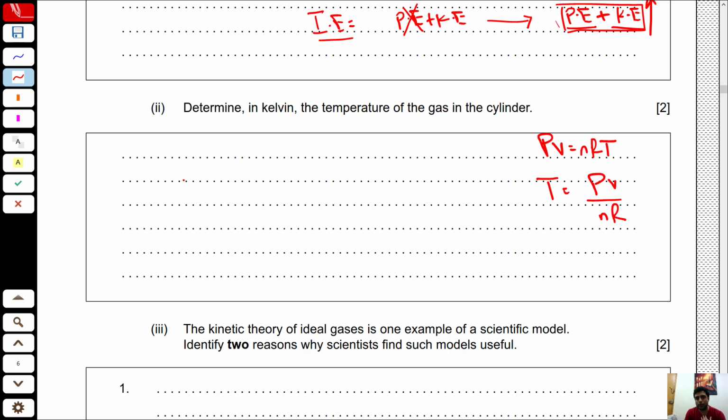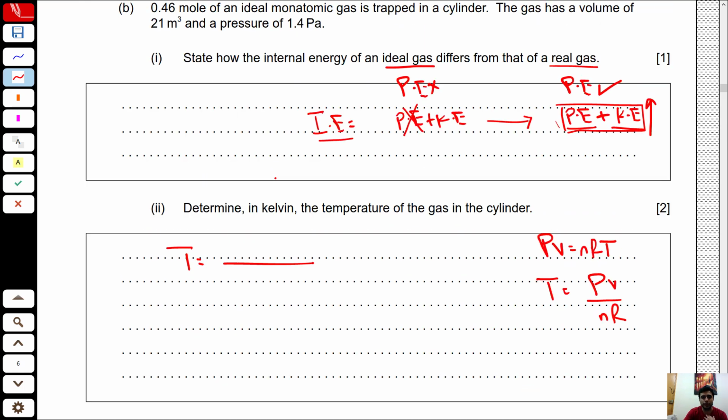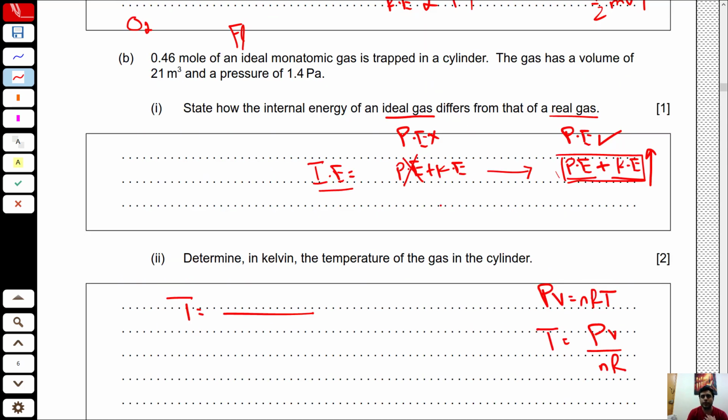Let's sub in all the values. So P is the pressure, so how much is the pressure? The pressure is 1.4 Pascal. V, so how much is the volume? Volume is 21 meter cube, already in SI unit. n is the number of moles, 0.46. And we have R, the gas constant.